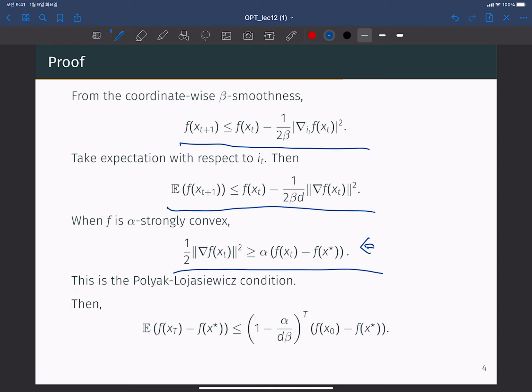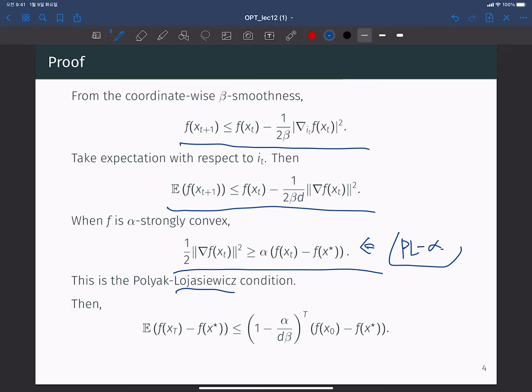And indeed, this is called the Polyak-Lojasiewicz condition. Okay, very hard to pronounce. So basically, this is a PL condition. When we have alpha strongly convex, we have the PL alpha condition, but the inverse is not true.